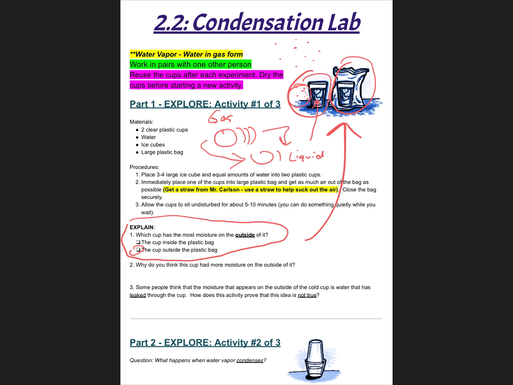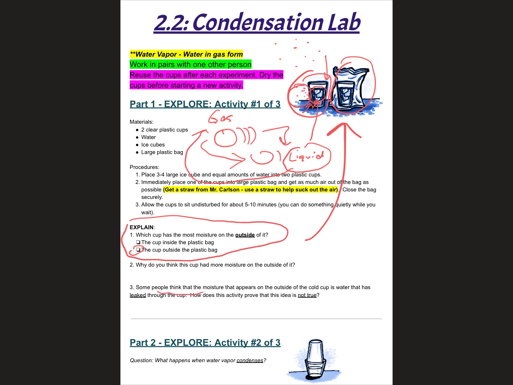Just like when you speed up a liquid, you turn it into a gas. And so the cold water in that cup cooled down the gas particles, slowed them down, and they turned into a liquid, and they attached to the wall of the cup on the outside because particles are attracted to each other, especially when they're slowed down in liquid form and the solid form of the cup.